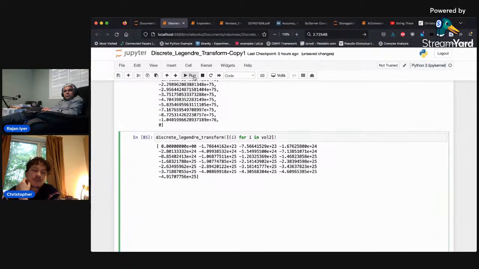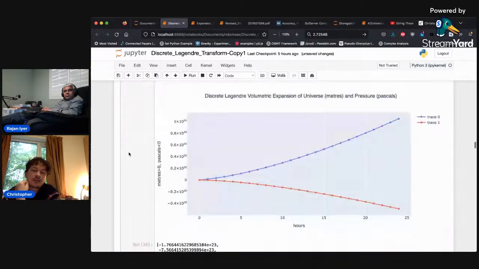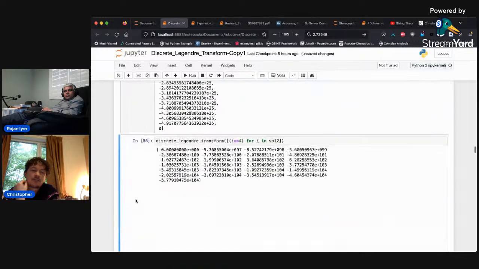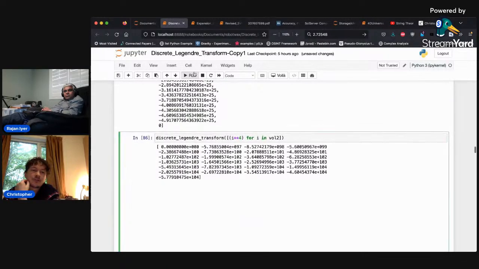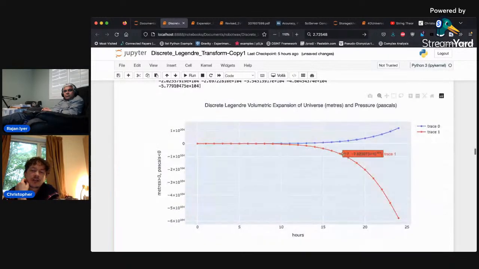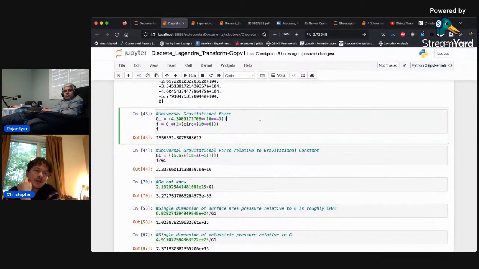Now we do the same thing for the volume of the hypersphere in a single dimension. It's quite low. And then we do it for all 4 dimensions, and we get a similar sharp drop. Then we can create the universal gravitational force from that by merely multiplying Newton's gravitational force in parsecs by 2 times the circumference, and we get this figure.